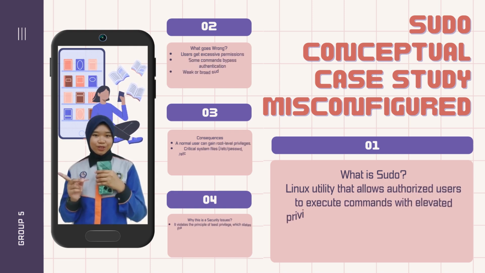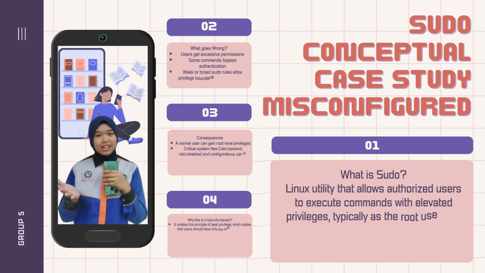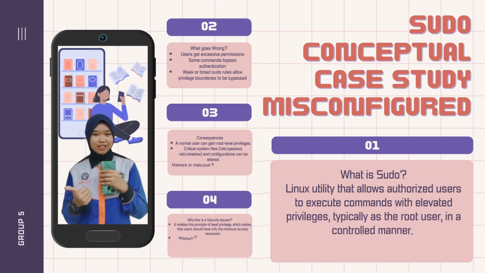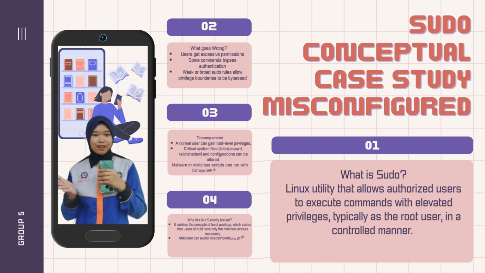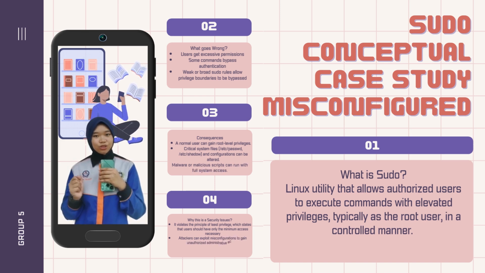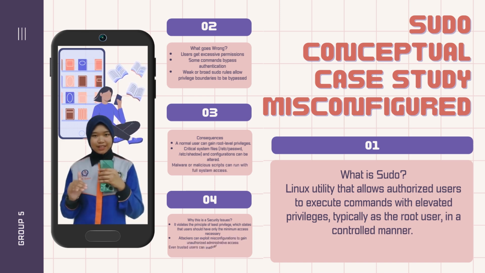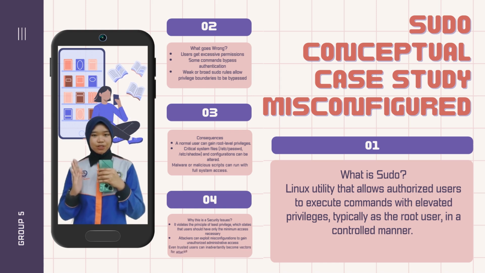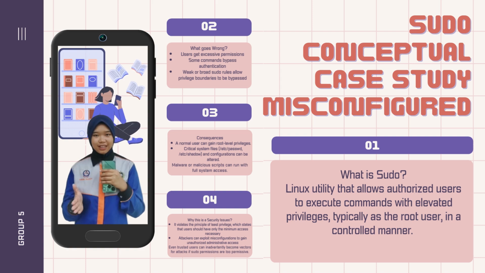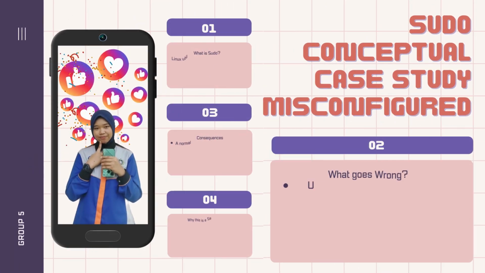What is sudo? Sudo is a Linux utility that allows authorized users to execute commands with elevated privileges, usually as the root user, in a controlled manner. Its purpose is to improve security by reducing the need to log in directly as the root user. What goes wrong?